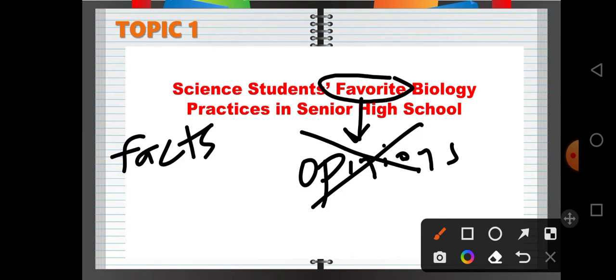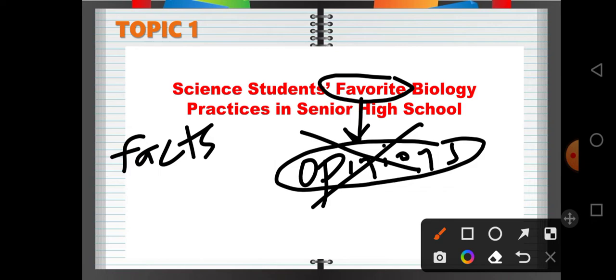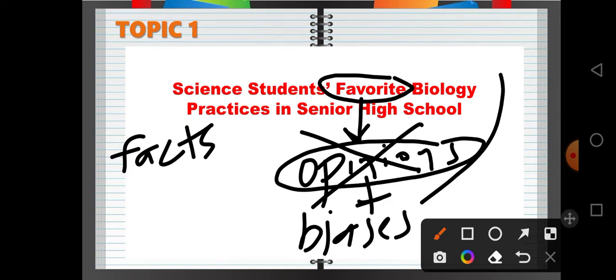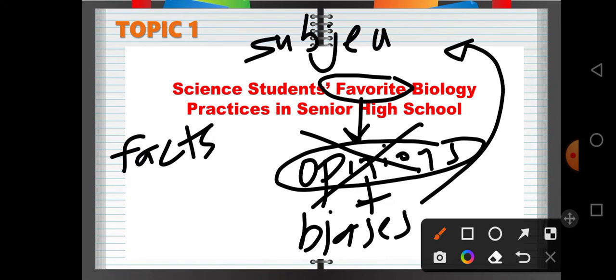Why? Because research topics that require the opinions of the researchers or respondents will offer biases. And such biases, class, will lead to subjectivity.